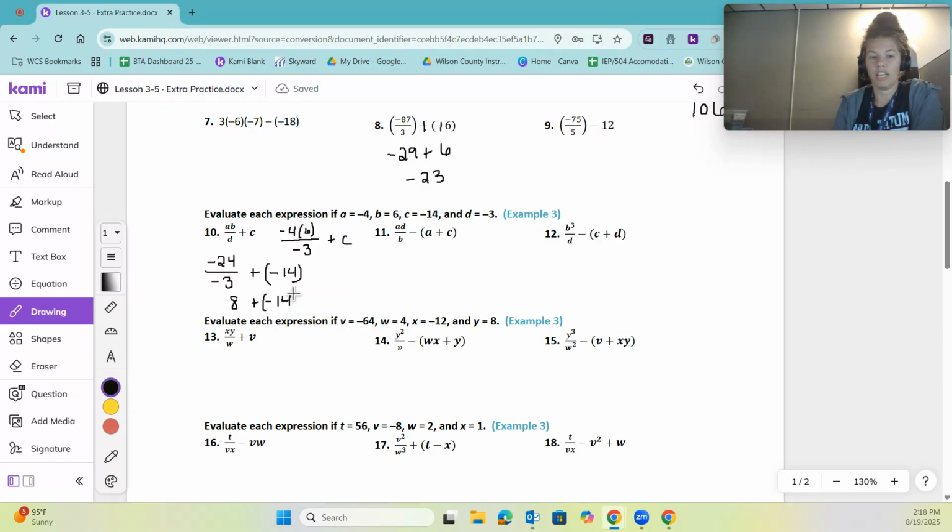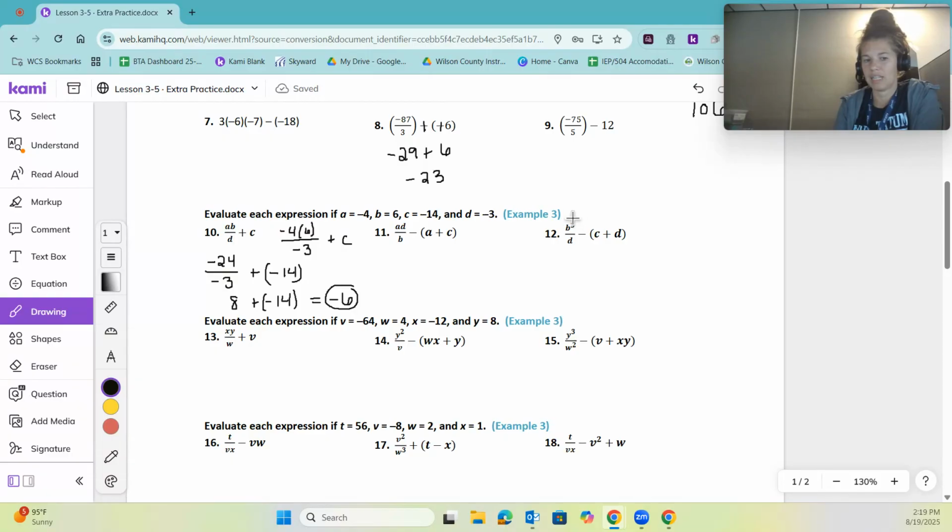And then our integer rules for adding say opposite signs we subtract. So 14 minus 8 is going to give us 6. And we keep the sign of the larger absolute value. So -14 is larger absolute value. It's further from 0 than +8 is. So my answer is -6. Okay, and you can try number 11 and 12 on your own there.